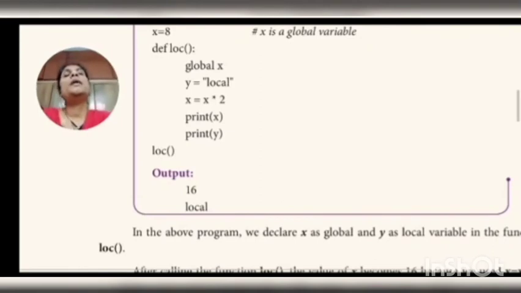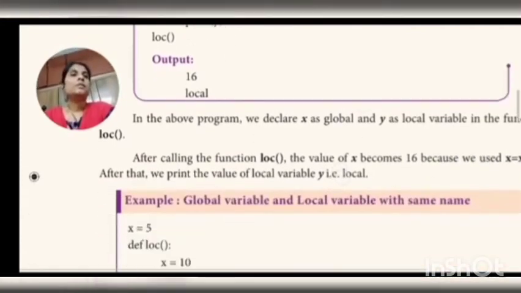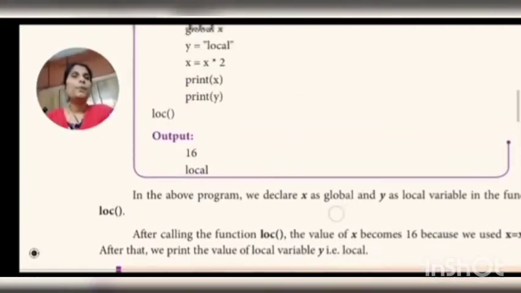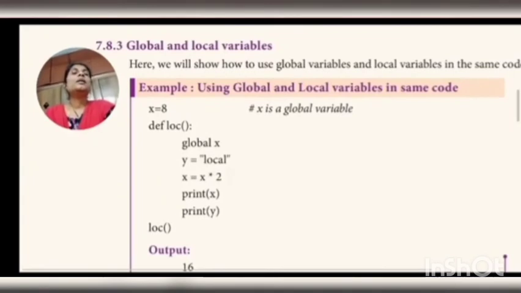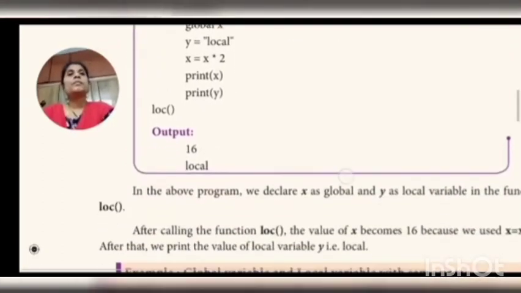The next print statement displayed the value of the local variable, that is, local. So this is an example to show that both global and local variables are used in the same code.